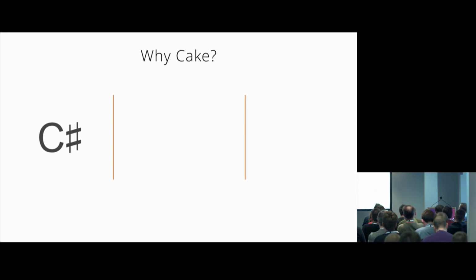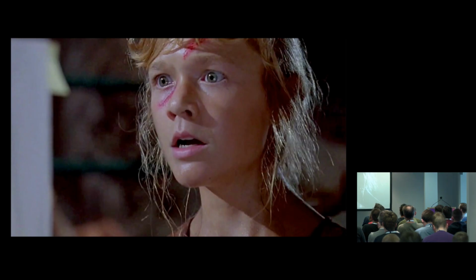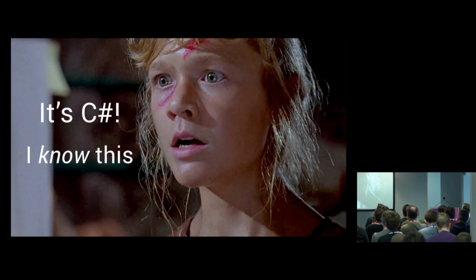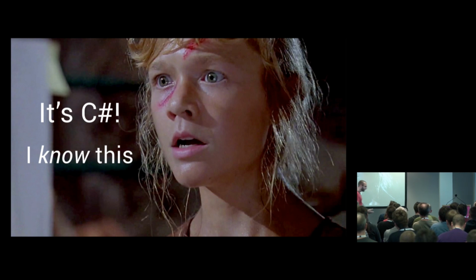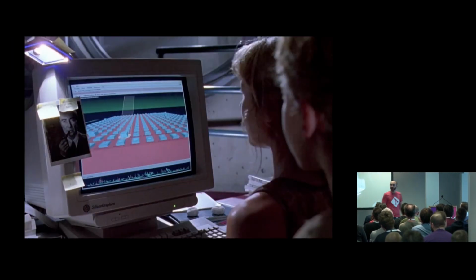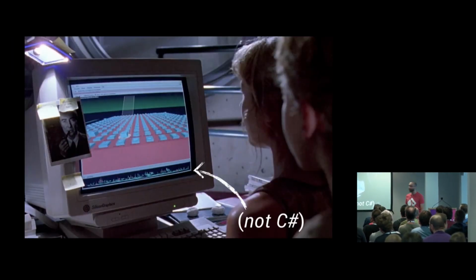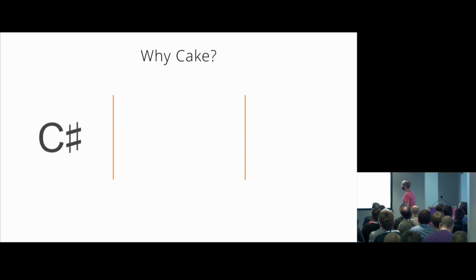So if you're a C# programmer, you're going to be like, wait a minute. It's C#. You are already using it to build your application. And hopefully, the next scene is not going to be this. Because this is definitely not C#. It's not Unix either, but that's another story. So, reason number 1 is it's C#.